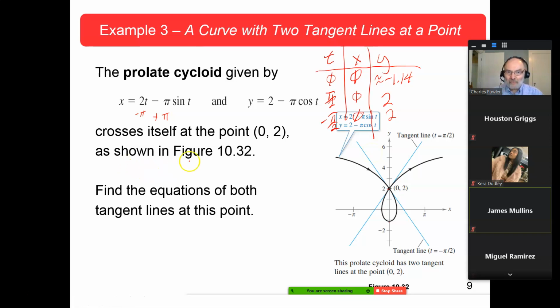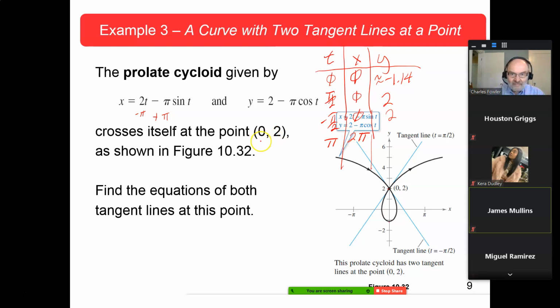So let's go one more out, like maybe pi. Okay? So t is equal to pi. Okay? This will be, x will be 2 pi minus, and sine of pi is 0, so it's 2 pi. So that's going to be around 6 or so. I'll just put down 2 pi here.